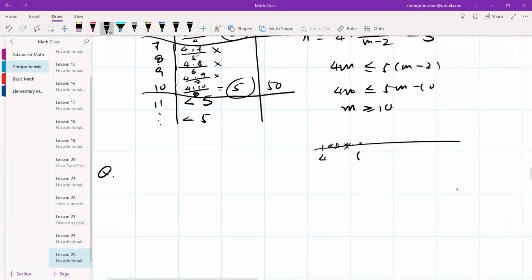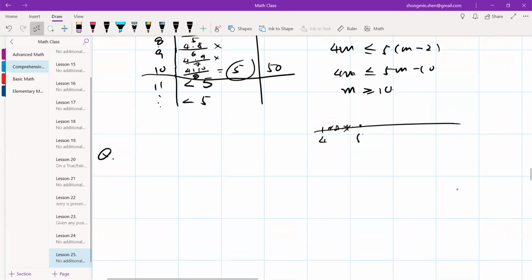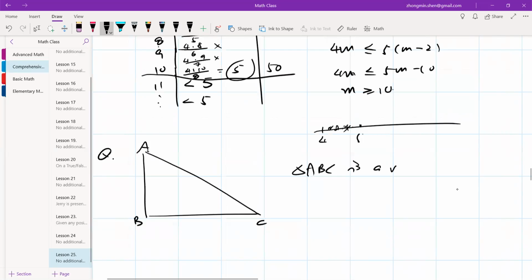Our next problem: this is a right triangle, A, B, C. And we know that this side is 15, and that one is 9.